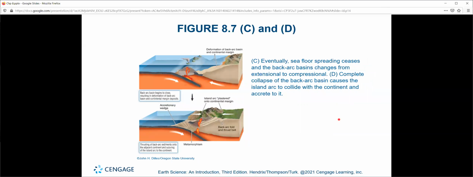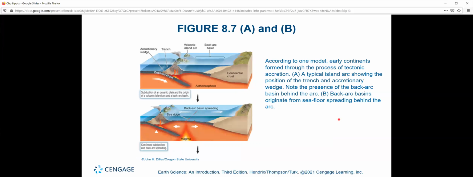Eventually, the seafloor spreading ceases. The back arc basin essentially extends and compresses and connects with something else, causing a collapse of the back arc basin and the island arc, and the continent is therefore accreted out. So essentially, you had a bunch of volcanic arcs that ran into each other and formed the continent.